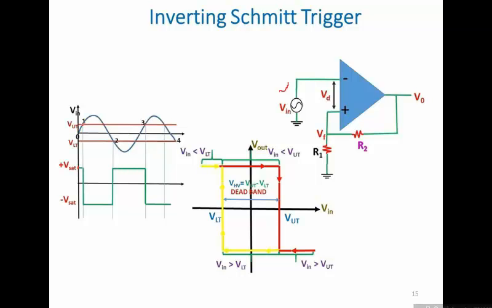So this is the constant level which would appear at this terminal whenever the output is at plus VCC.